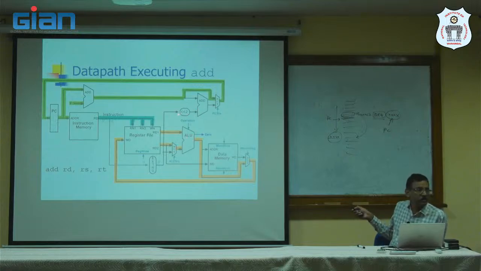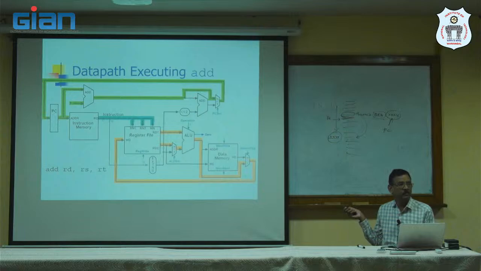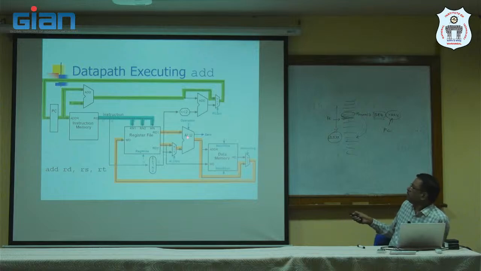This path is bypassed. This path goes through the multiplexer, incrementing and writing to PC. What does the green path indicate? Address incrementing. And this path is for reading the instruction from the instruction memory, and this is for reading two operands from the register file, adding, and the result is written back to the register.